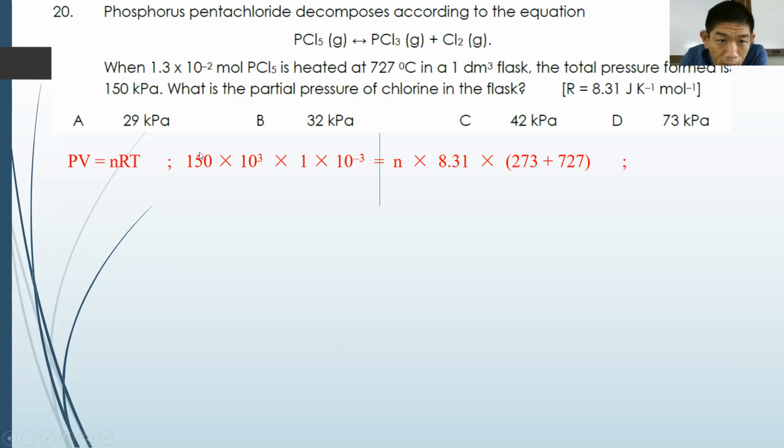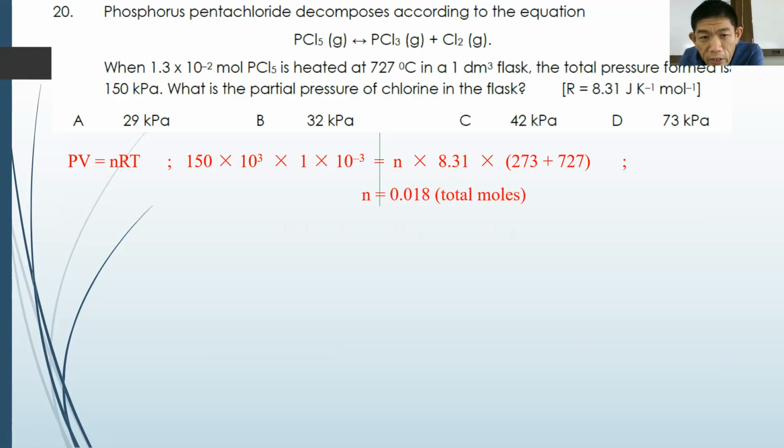So 150 times 10 power of 3 multiplied by 1.0 times 10 power negative 3 equals the total mole of gases times the gas constant times the temperature, 273 plus 727 degrees Celsius, so you convert to Kelvin. Once you get that, the total mole will be 0.018 mole.